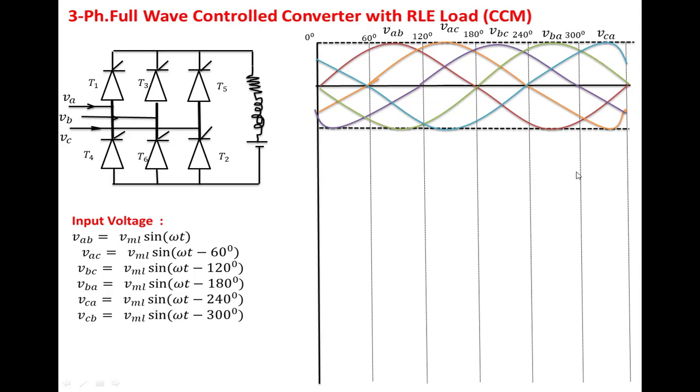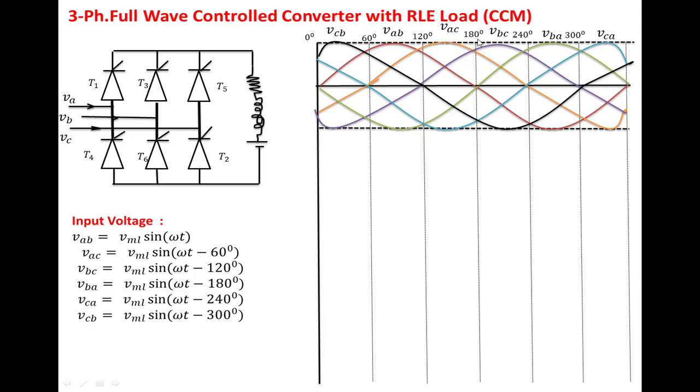Next VCA, next VCB. Now you observe here from 60 to 120 degrees, VAB is more positive out of the remaining line voltages. That is, phase A is more positive whereas phase B is more negative in that duration.